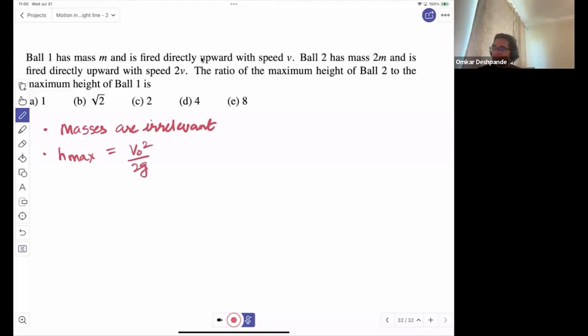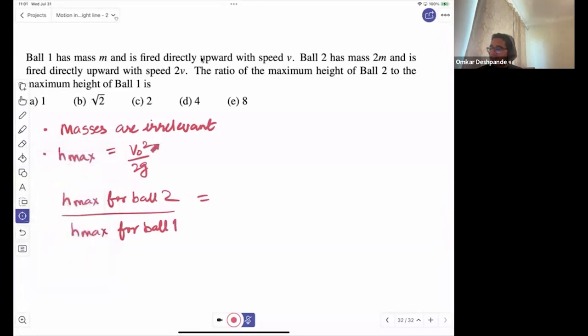Right? So that means the ratio of h max for ball 2 divided by h max for ball 1 is going to be this ratio for ball 2 divided by this ratio for ball 1. So 2g is a common thing for both, so we can neglect it.